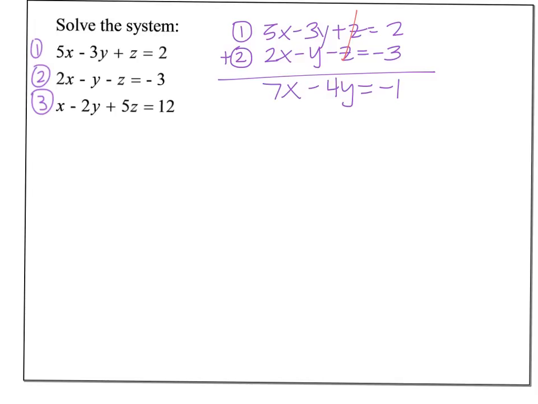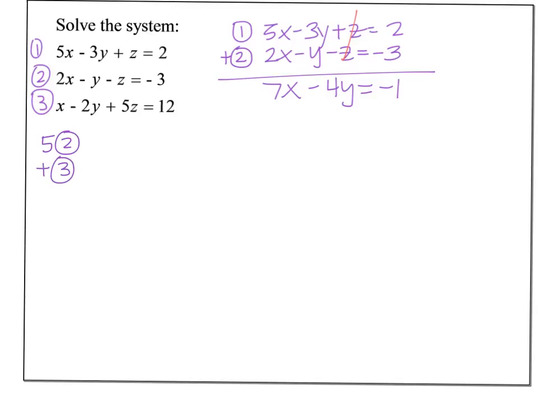But now what we need to do is use another two equations to reduce it down and get an equation with just x's and y's. So in this case, I'm going to use 2 and 3. Now in order for me to cancel out these z's, I need to have this one have a 5 in front, which means that I need to do 5 times 2 plus 3, and that should be able to cancel out those z's.